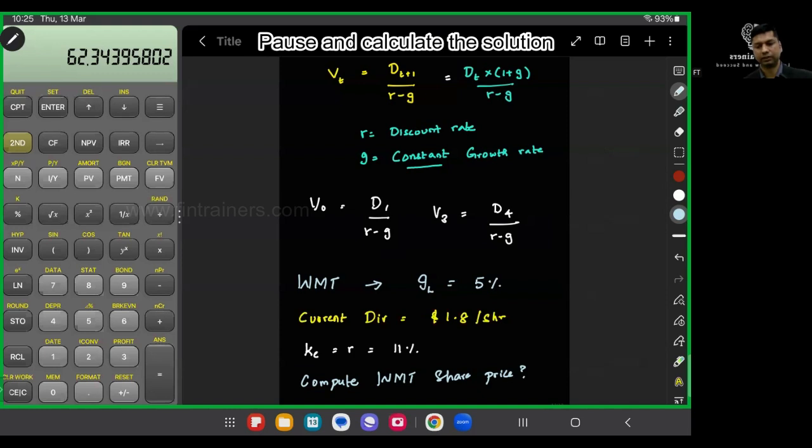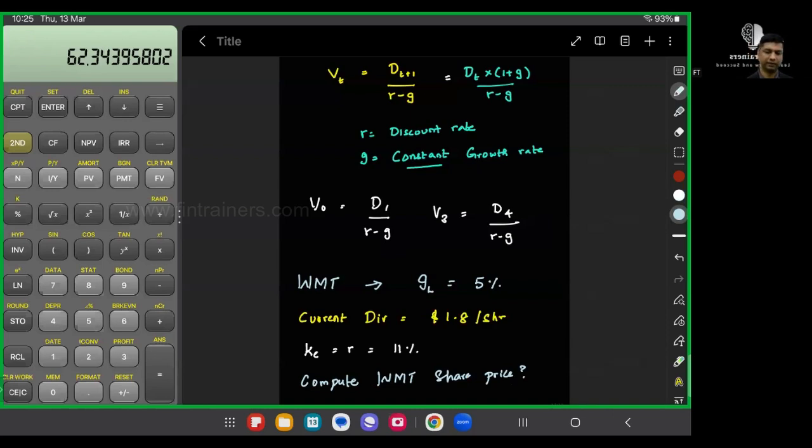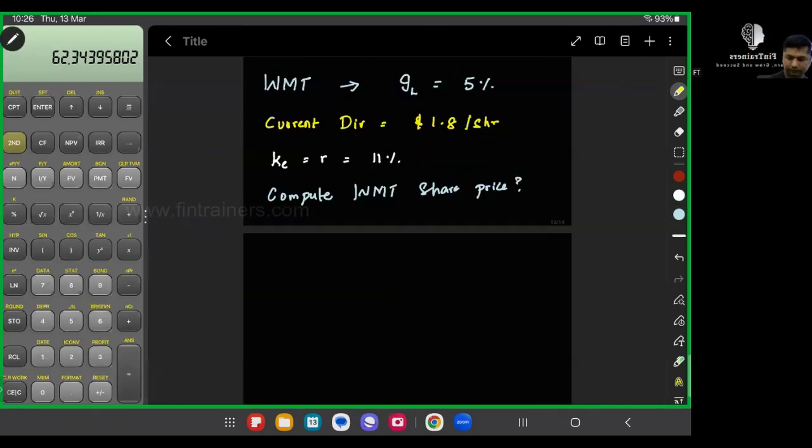Very simple. This is basically your dividend next year divided by R minus G. R is given as 11%, G is 5%. Please substitute in that equation.